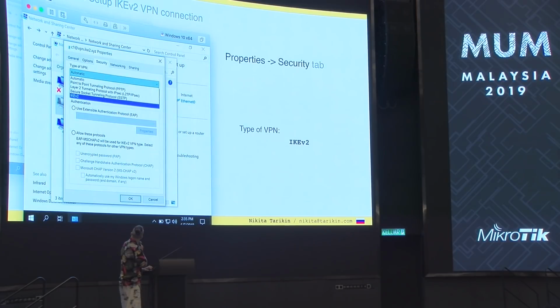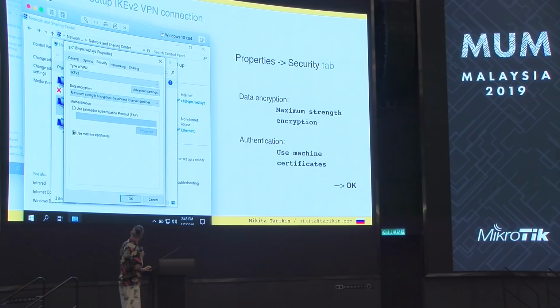Here you select type of VPN ike2 and use machine certificates. MikroTik will find the proper certificate and use it for authentication. Don't ask me questions if you have more than one certificate. I still don't have answers for this question. I'm working on that.